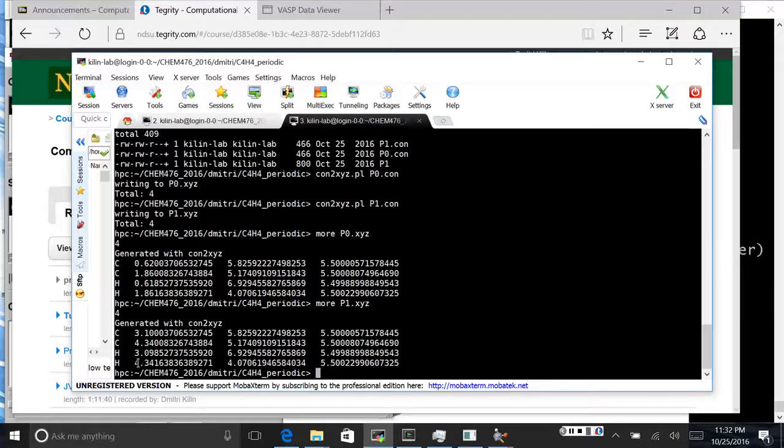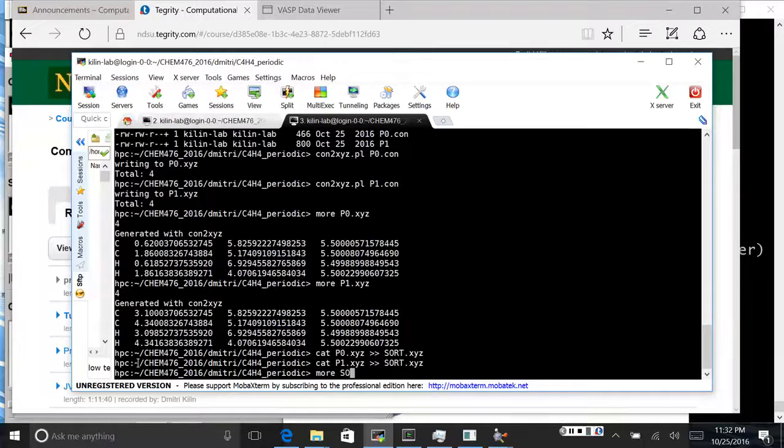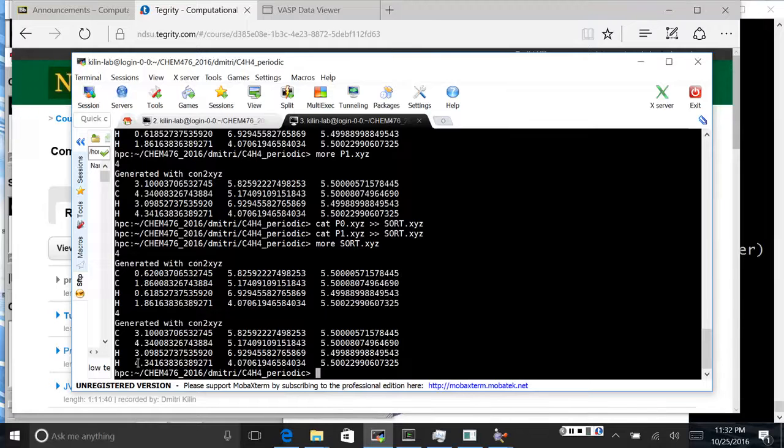Now we are going to merge these 2 files. This nice command, cat, concatenates P0 and P1 into sort.xyz. More sort.xyz. It is just a merger of 2 files.